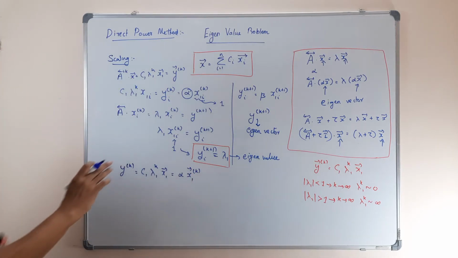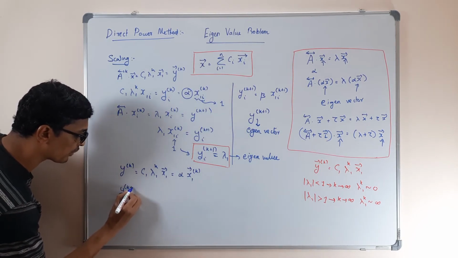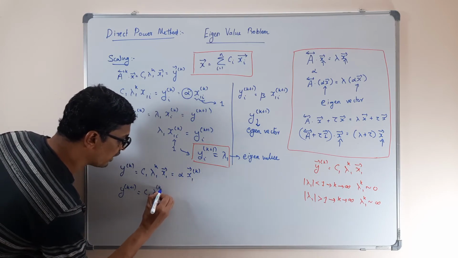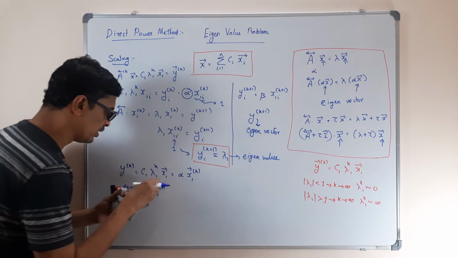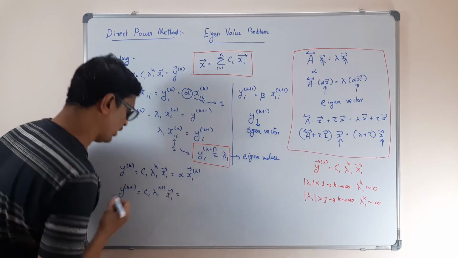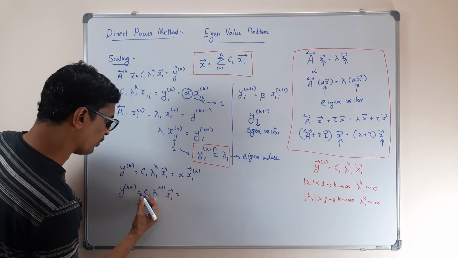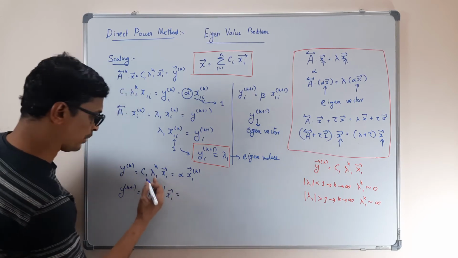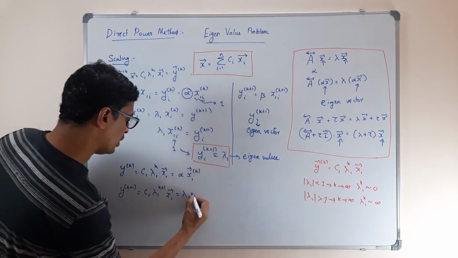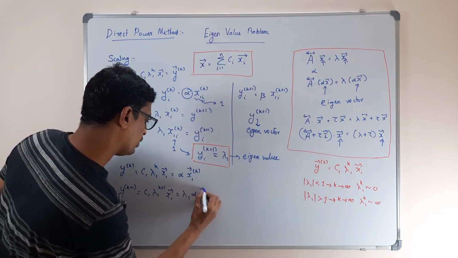Okay, so now let me go for one more iteration. So y of k plus 1 will be c1 times lambda 1 to the power of k plus 1 into x1, that will be equal to lambda 1 into alpha times x1 to the power of k.